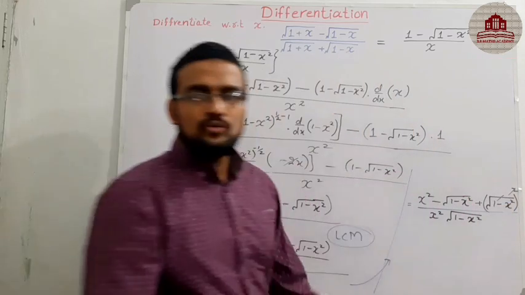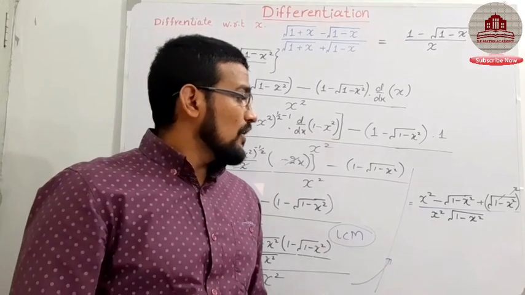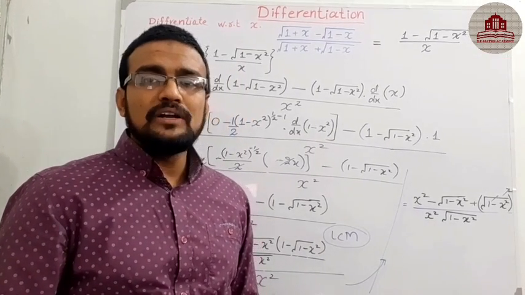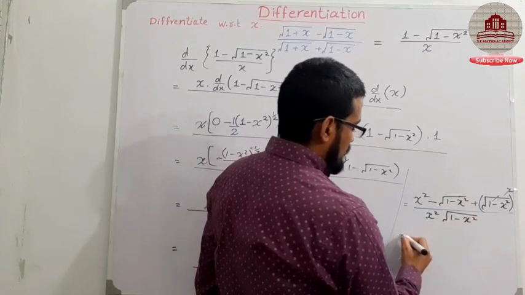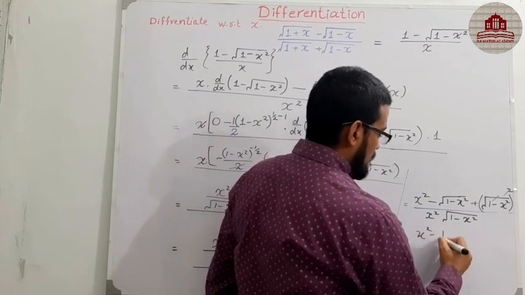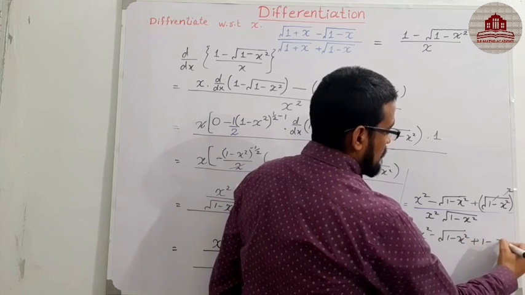And the square root is removed. Okay student, you can see x times the square root of 1 minus x square multiplied with the square root, then the final result x square 1 minus x square plus 1 minus x square.